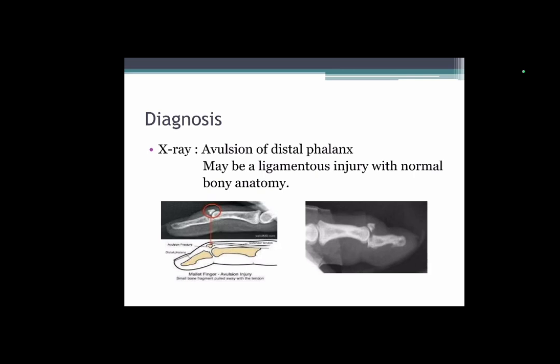The management of jersey finger depends on the severity and timing of the injury. Unlike mallet finger, most jersey finger injuries require surgical treatment because the flexor digitorum profundus tendon retracts away from its insertion.